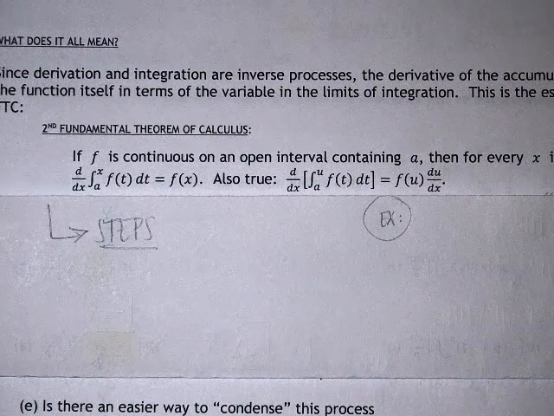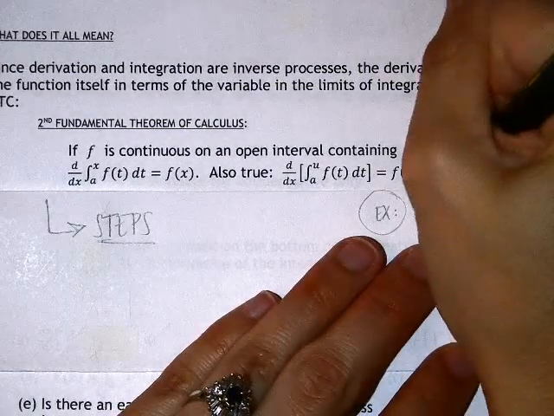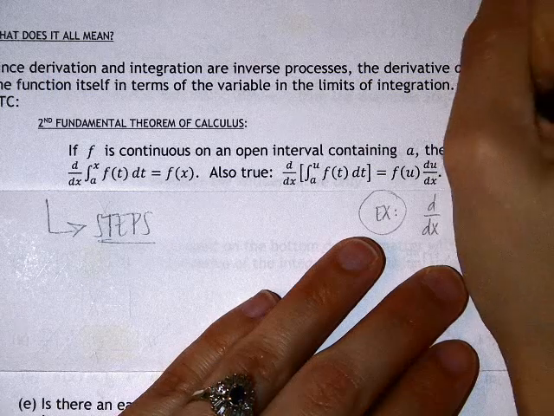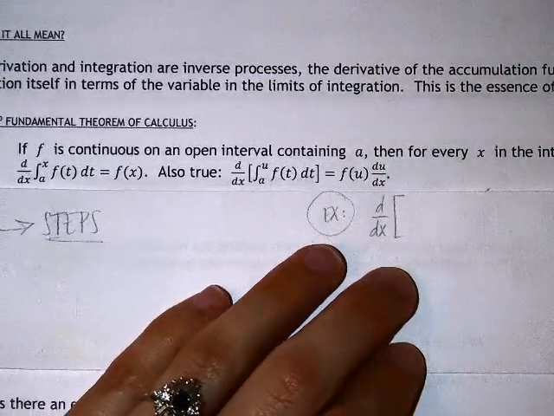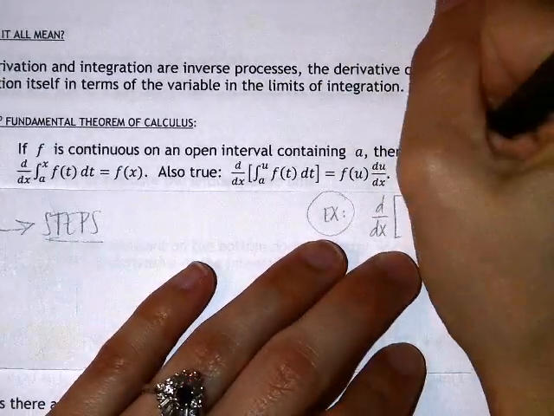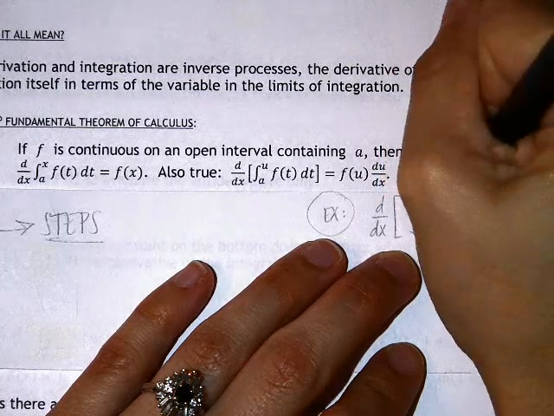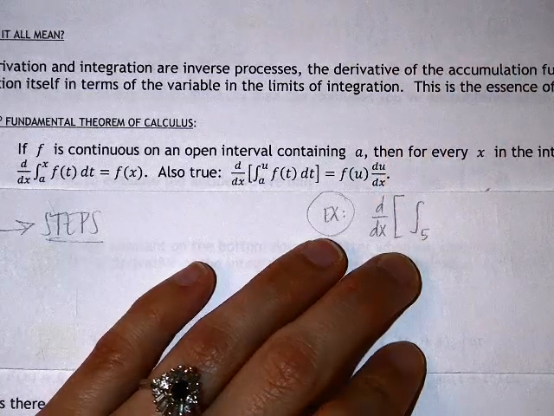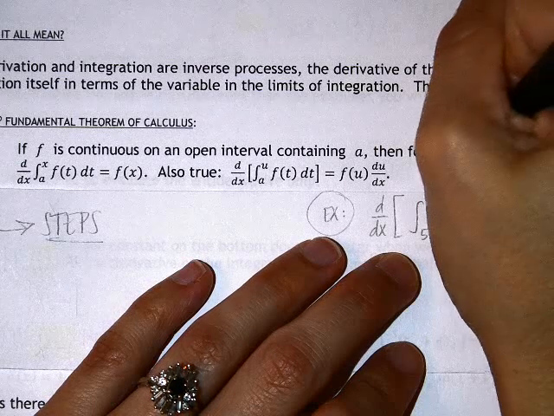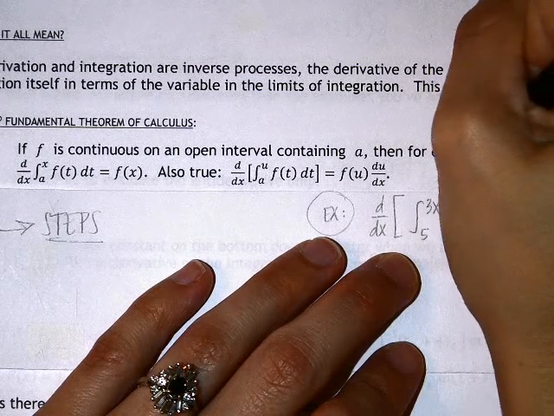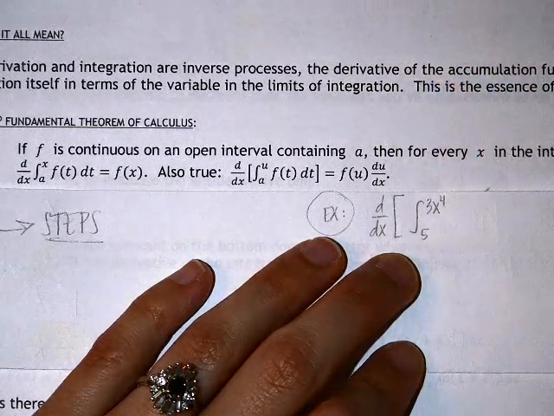So let's just consider for a second one of these problems. I'll just make one up. d dx of, so the derivative of, and let's do an integral. We'll do the integral from 5, I'm just making this up, to, let's say, 3x to the power of 4. Just going crazy.